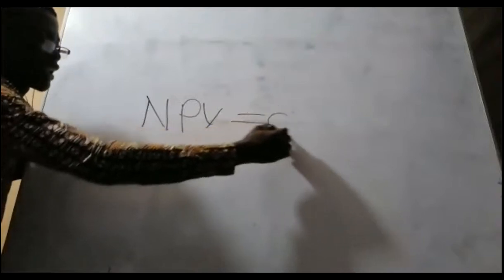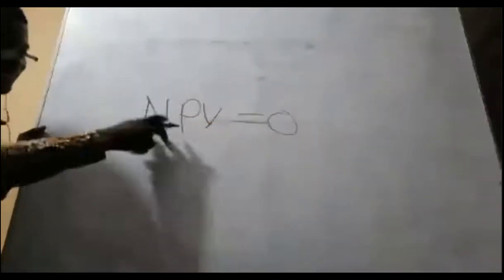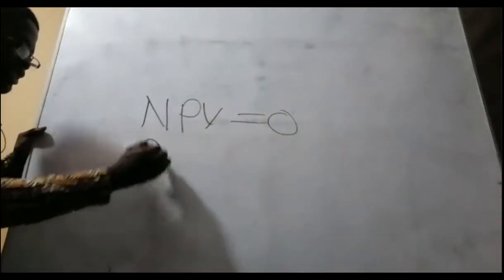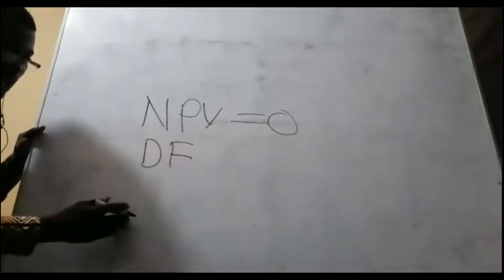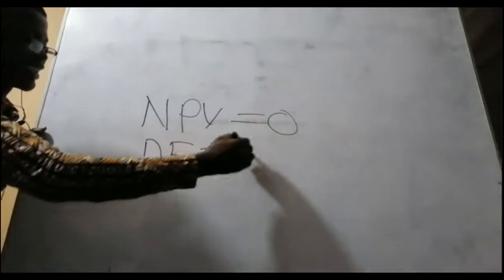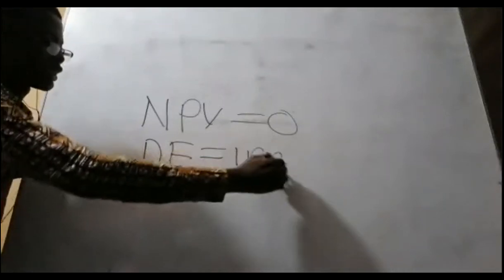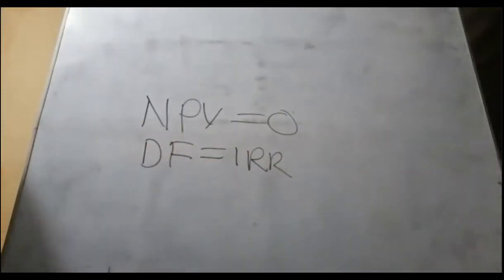With the internal rate of return, it is the rate that renders the NPV to be what? Zero. So it's a special rate. Anytime you calculate NPV and NPV is equal to zero, that special discount factor is called the internal rate of return.